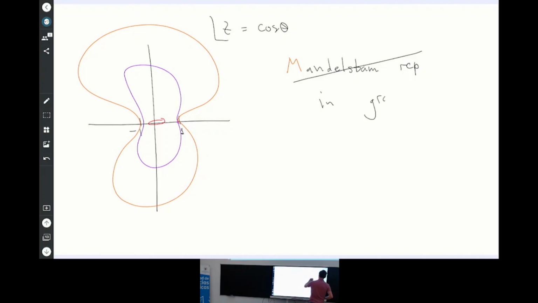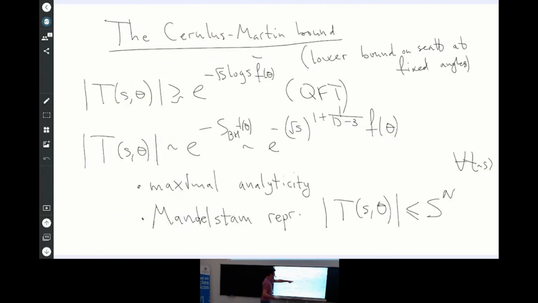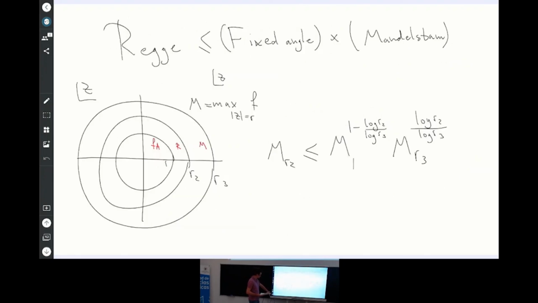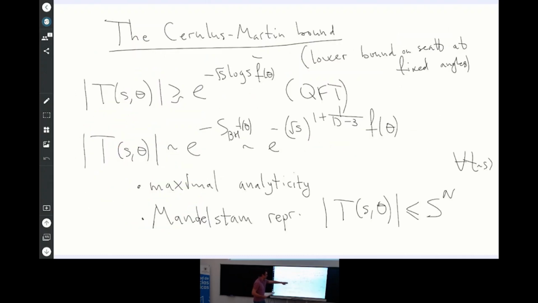I think that's a more reasonable way to read this bound. It's not a lower bound on anything. It's just a test of whether our theory admits a Mandelstam representation or not. And if we violate it, it simply means that perhaps we can drop this assumption, and then we are completely fine. Sometimes people say that this is a violation of locality in QFT, in gravity. Okay, I'm not sure what it means.